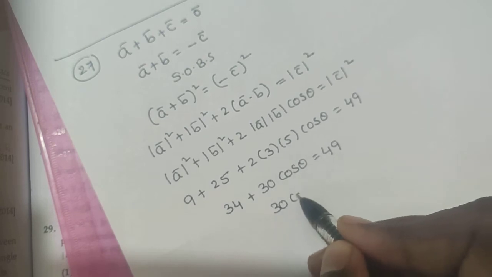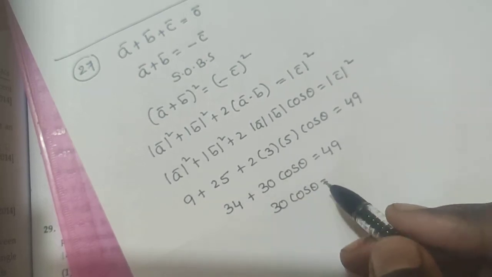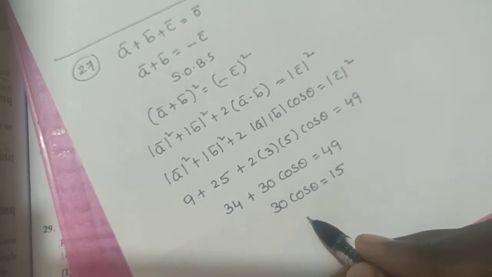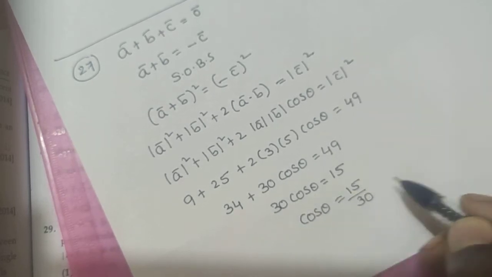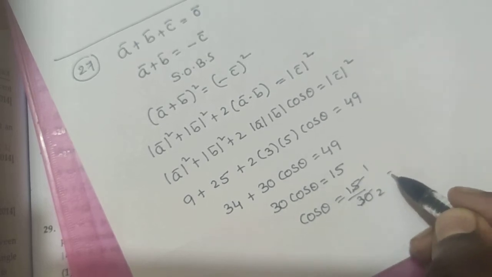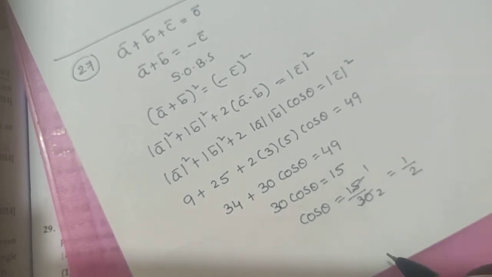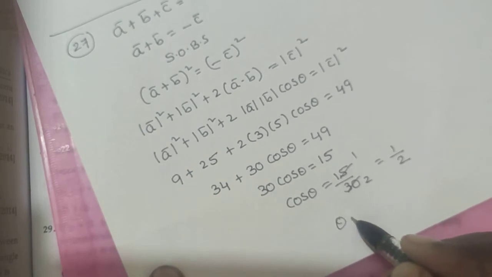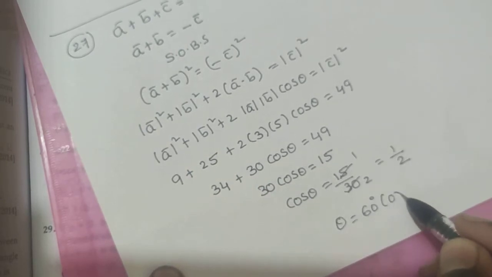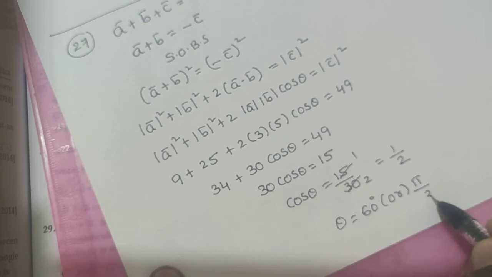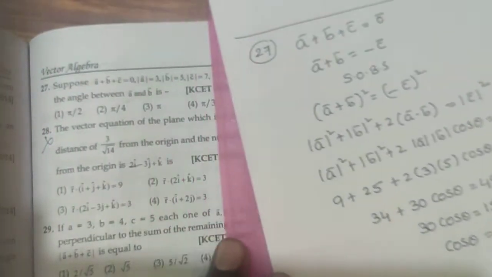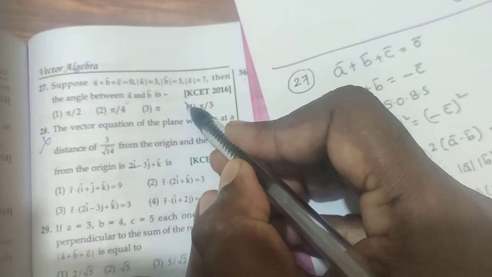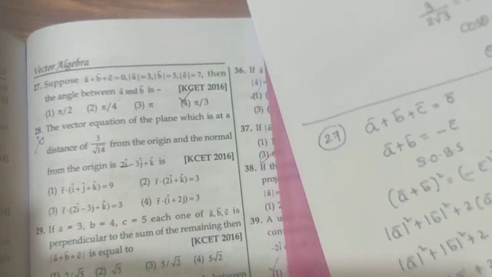Then 30 cos theta equals 49 minus 34, that is 15. Then cos theta is equal to 15 by 30. 15 cancel, then 1 by 2. When cos value is 1 by 2, theta equals 60 degrees, or you can write in radians, that is pi by 3. This is the answer for question number 27. That is nothing but the fourth option is the correct answer for this question number 27.